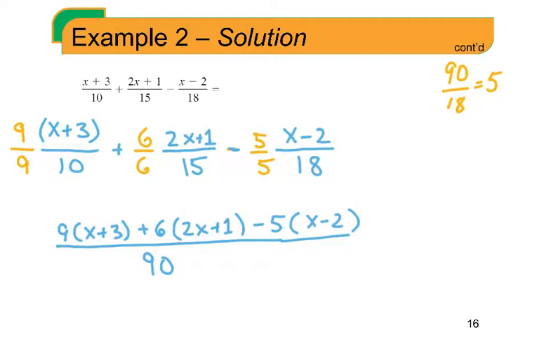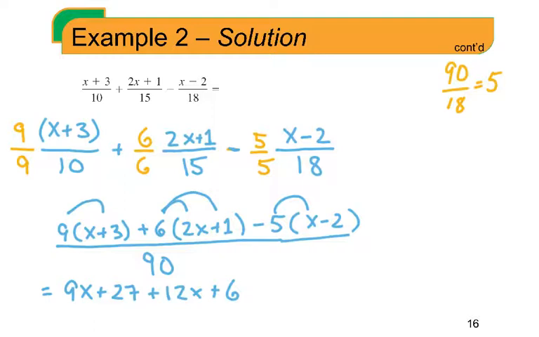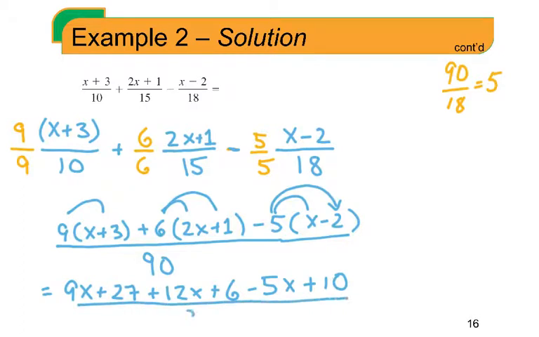Now, get rid of parentheses. 9x plus, don't forget this step, 27 plus 12x plus 6 minus 5x. What's this last one going to be? Minus 5 times minus 2 is plus 10, all over 90. And now what do you want to do?